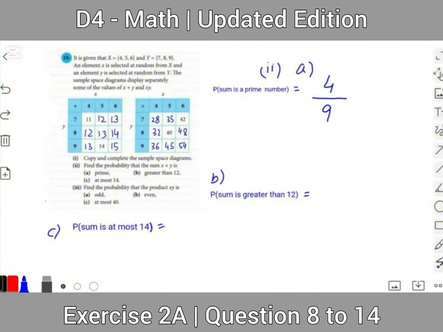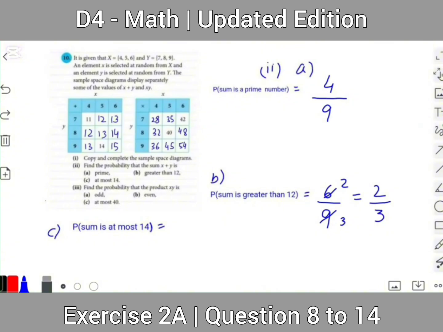Now for part B, the sum is greater than 12. So we have to find the sums that are greater than 12, and they are 13, 14, and 15. Here we have 6 outcomes. So we have 6 over 9, which simplifies to 2 over 3. So the probability that the sum is greater than 12 is equal to 2 over 3.